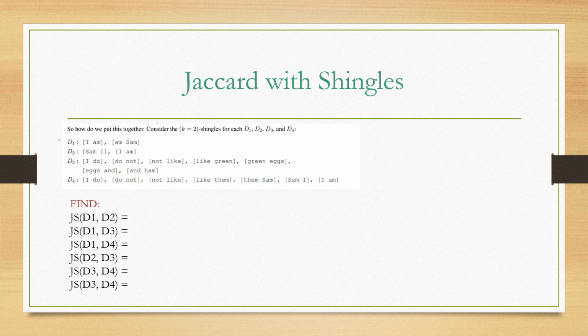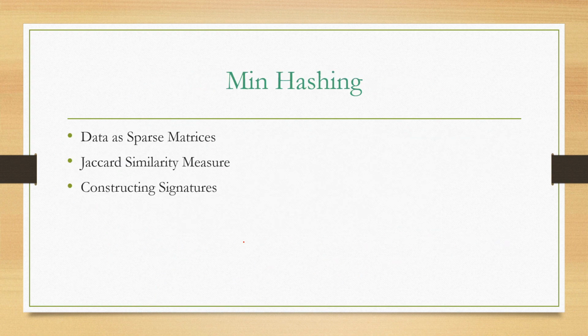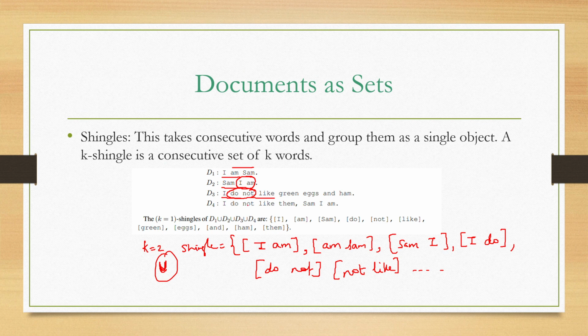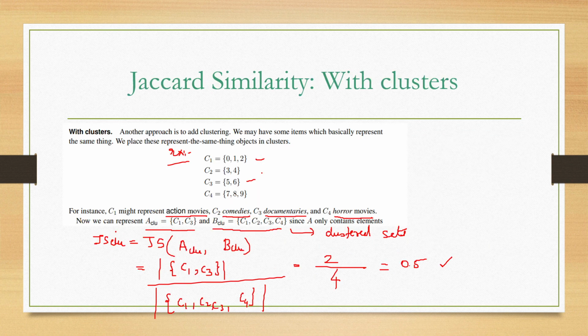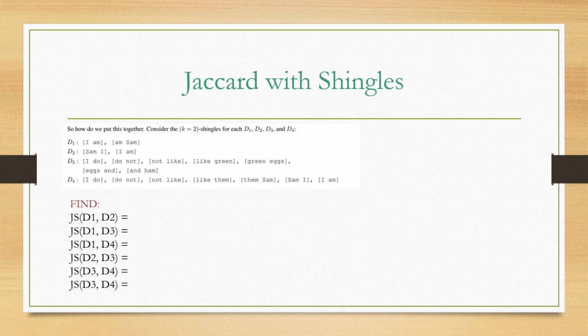So here are the same four documents which we have seen here, and these are represented in the form of sets. So every document, I am Sam, so these are represented in the form of sets having k equals 2. And now we are trying to find out the Jaccard similarity between document D1 and D2.